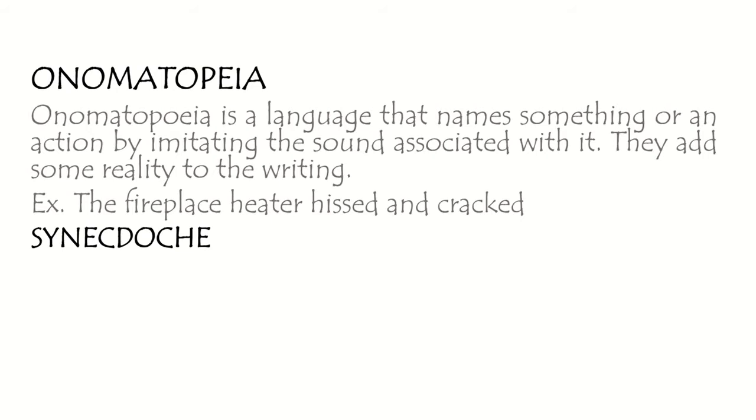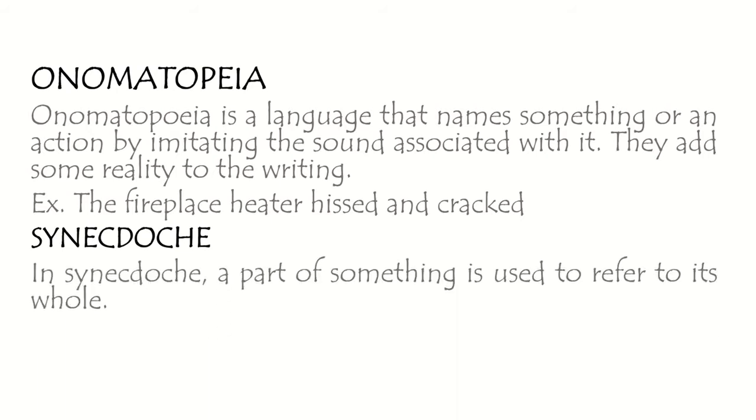Next one would be synecdoche. Synecdoche is all about a part of something that is being used to refer to its whole. Example, he got new wheels, and wheels is part of a car. So when we say he got new wheels, apparently we are pertaining to the concept of that person having a new car.